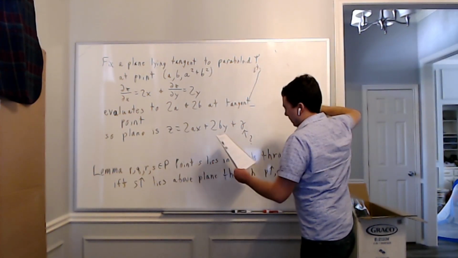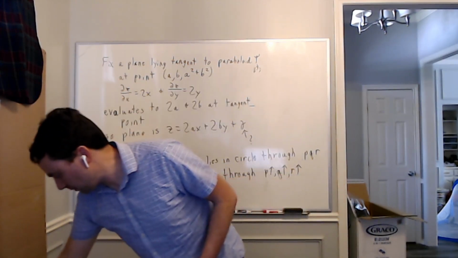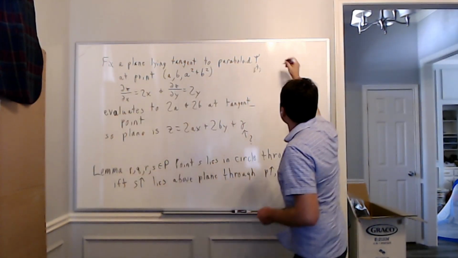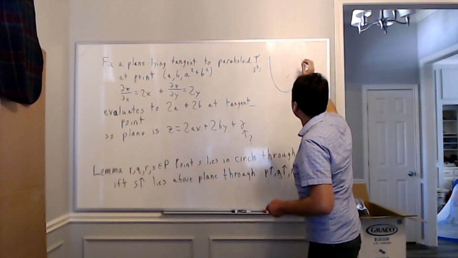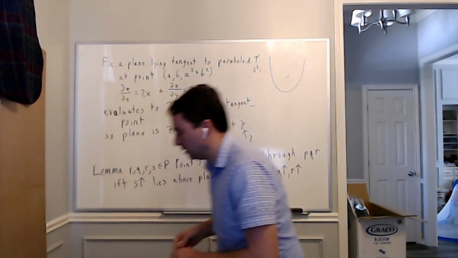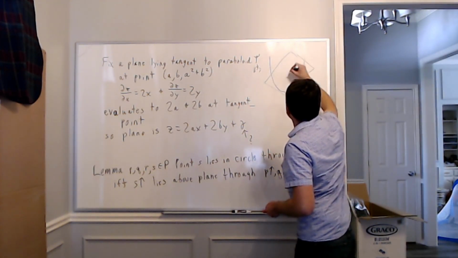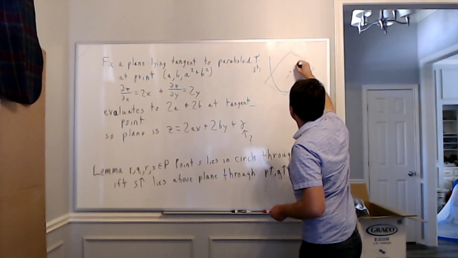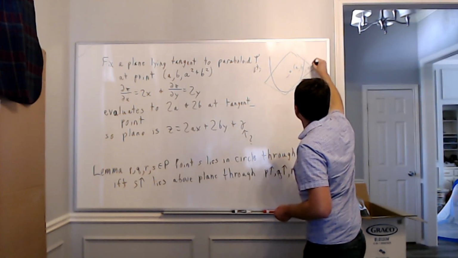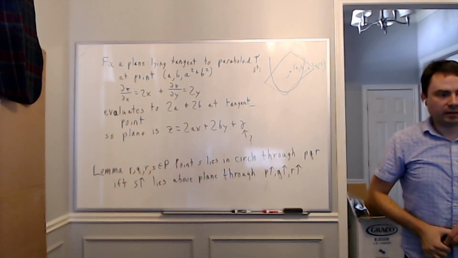So let me draw what's going on here using another color. We have a paraboloid, and I'm interested in understanding a plane that intersects the paraboloid at this position (a, b, a squared plus b squared).